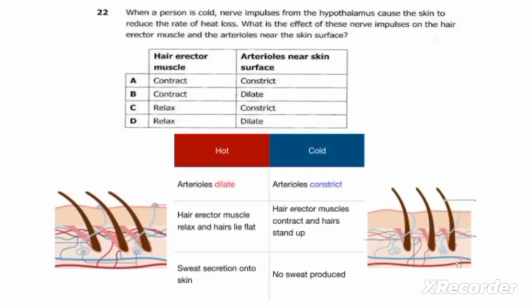No sweat is produced. So therefore, our correct answer is A. Hair erector muscles will contract. Then arterioles will constrict so that less blood can flow under the skin surface to avoid the loss of heat.